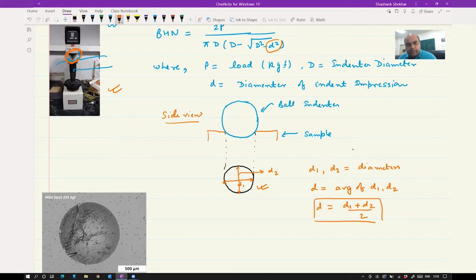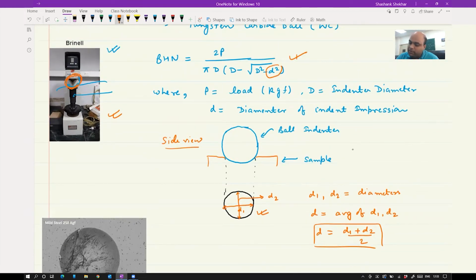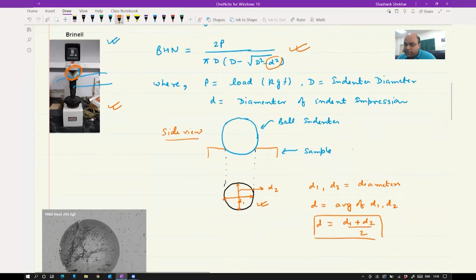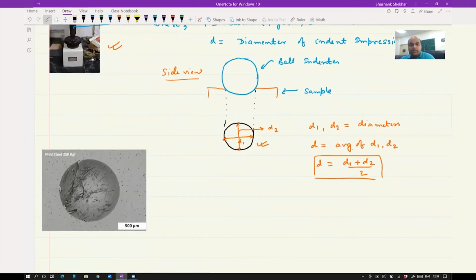Those will be D1, D2. Take the average of those two, and that will be small d. Then you can use this formula, BHN equal to 2P by pi D times D minus under square root of D square minus small d square, and figure out the hardness in the Brinell scale, which is given in BHN.